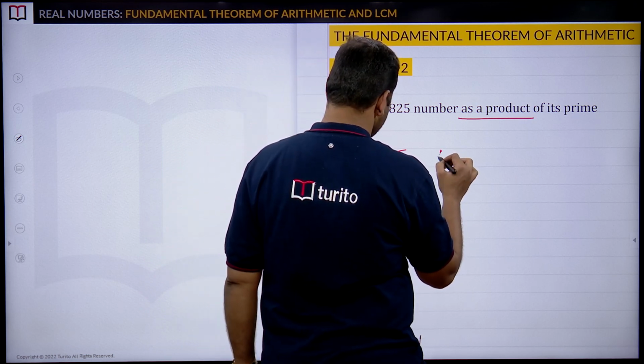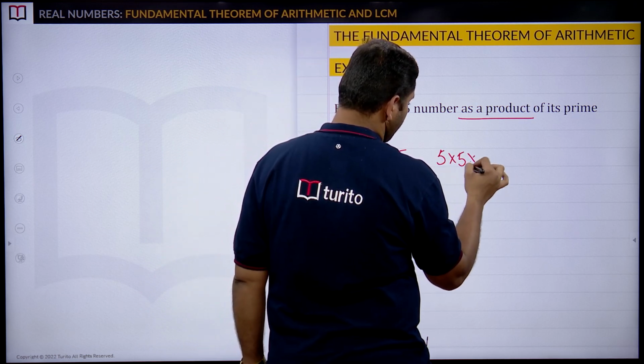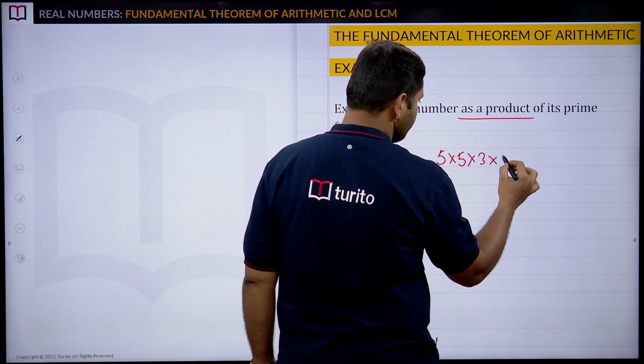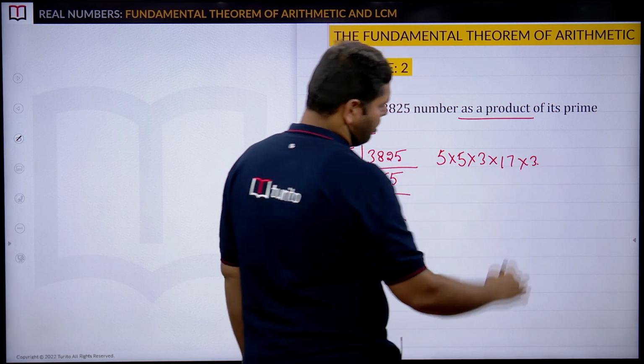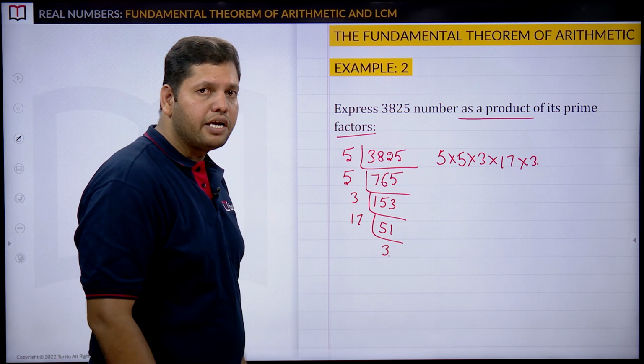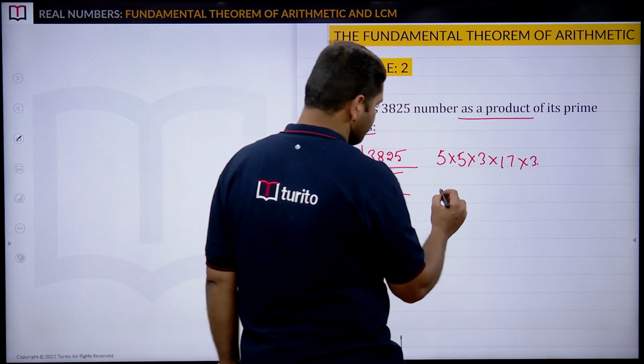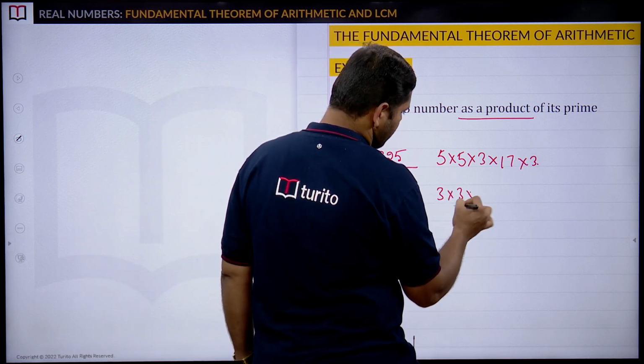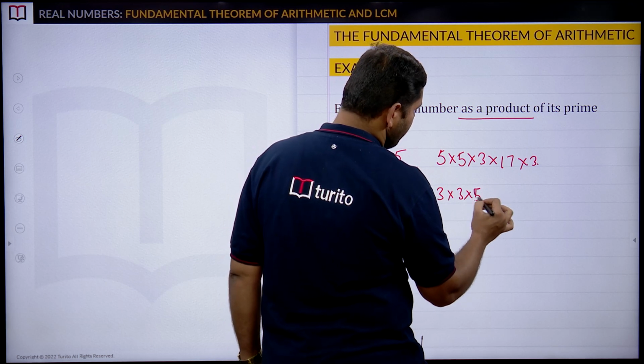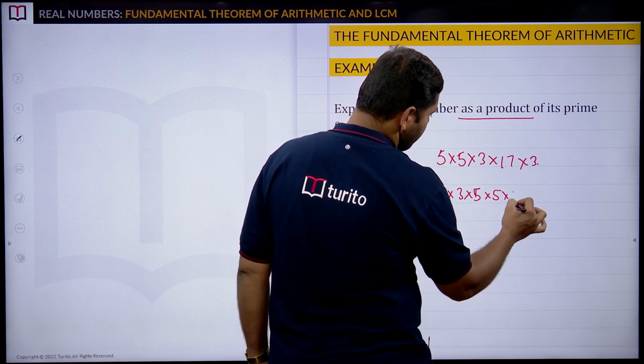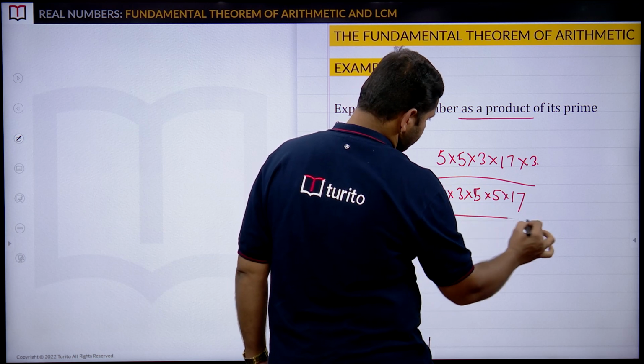This we can write as 5 into 5 into 3 into 17 into 3. But it is not in ascending order. So write it in ascending order: 3 into 3 into 5 into 5 into 17.